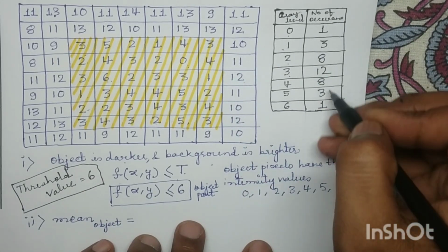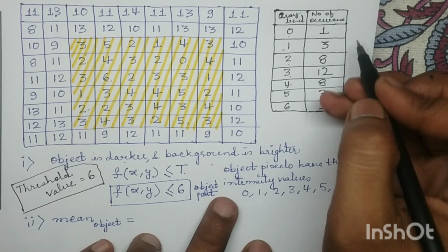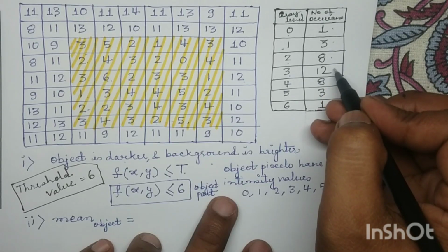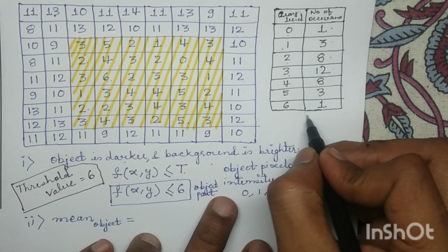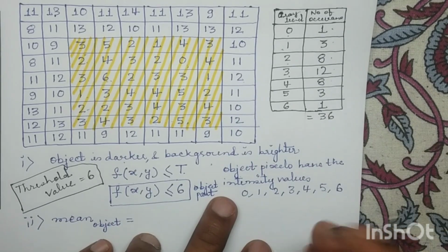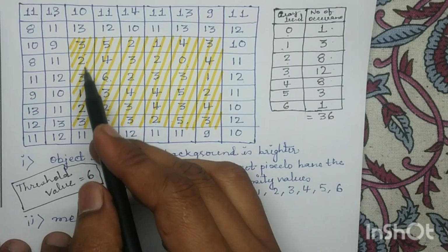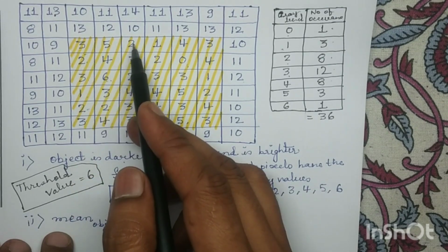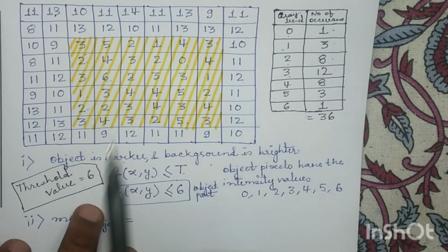Now if you add all these numbers of occurrences, that is 1 plus 3 plus 8 plus 12 plus 8 plus 3 plus 1, you will get the summation equal to 36. If you check the dimension of this object, it consists of 6 rows and 6 columns. It means it will consist of a total of 36 pixels.